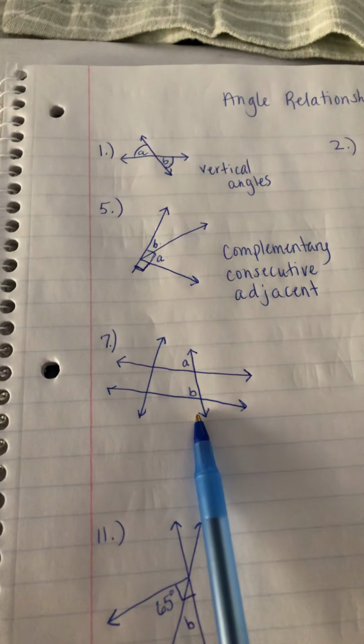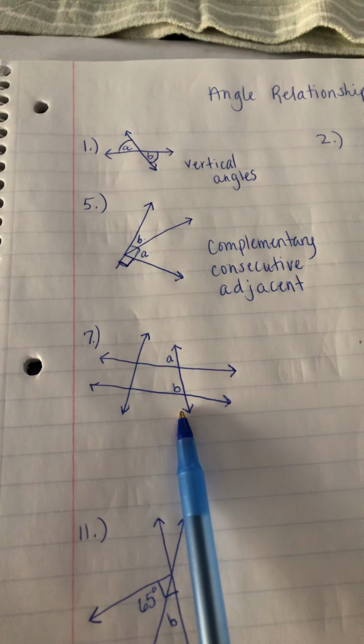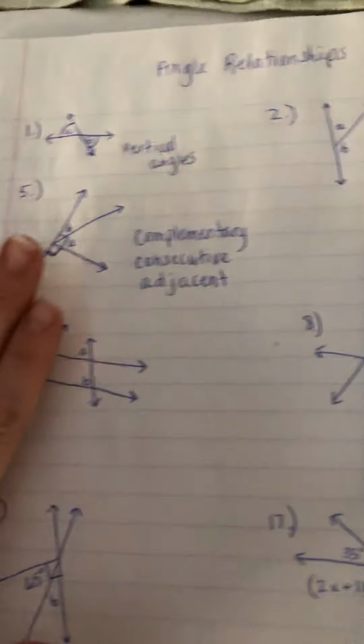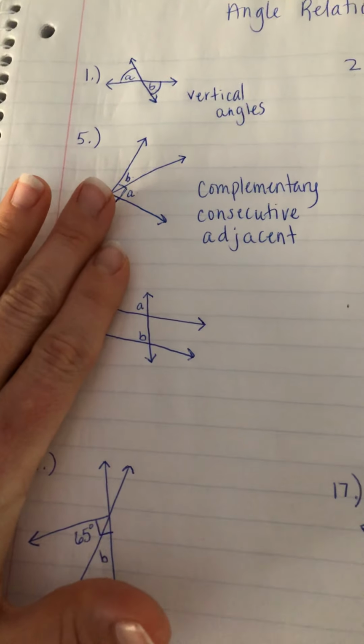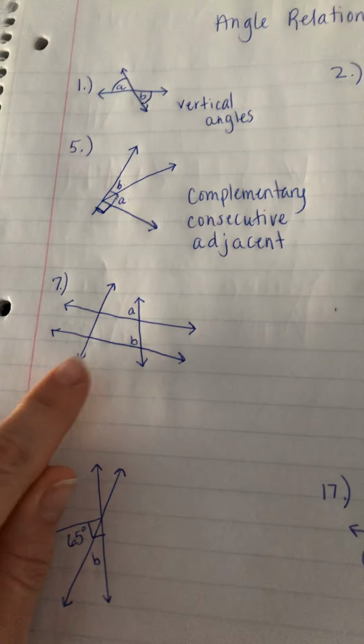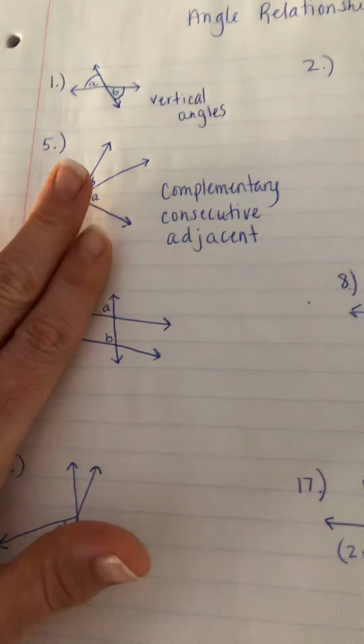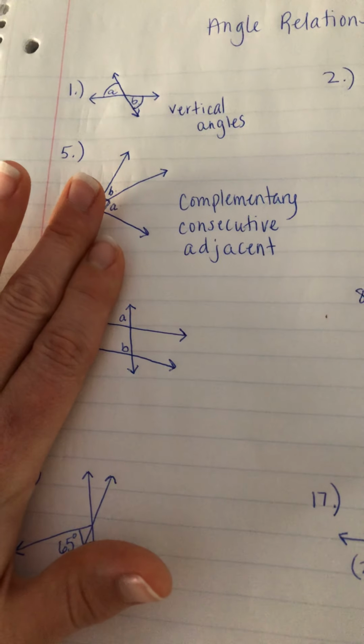The next section, you have some parallel lines cut by some transversals. What I would suggest is, wherever the lines are, just look at this piece. Don't look at the second line that cuts the parallel lines. Don't look at this transversal. Just look at this one. They are in the same position.